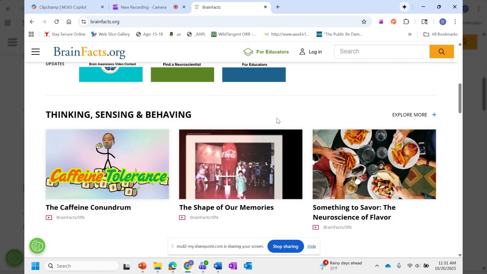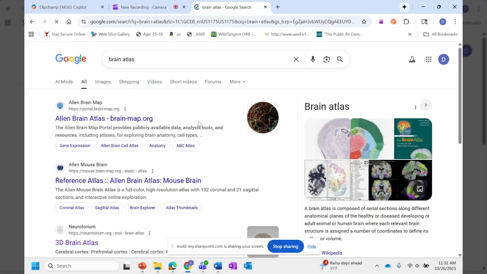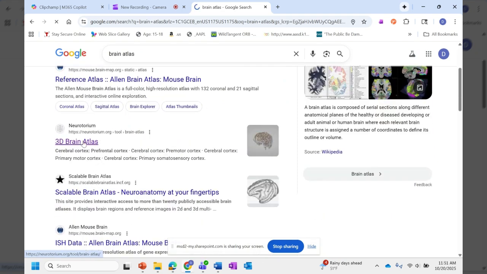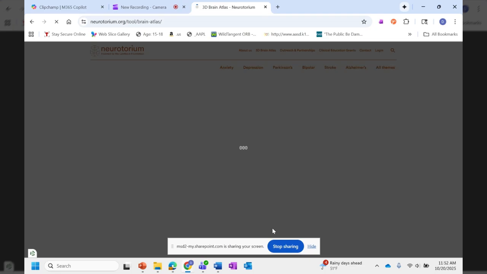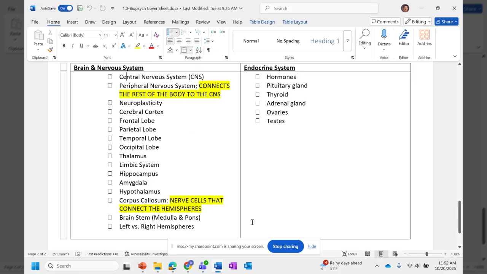Actually, I don't know where it went. 3D Brain Atlas. Okay. All right, anyway, while that's going, I'll go through some of these things right here.